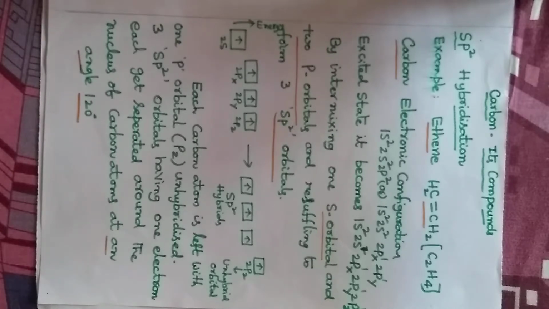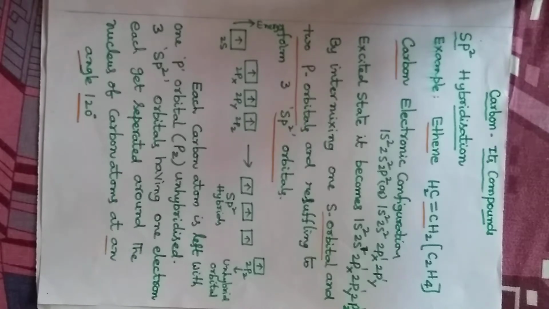These 3 orbitals are sp2 hybrid orbitals, and that 2pz orbital is the unhybridized orbital. What is the unhybridized orbital in this sp2 hybridization? That is 2pz, particularly in ethene.